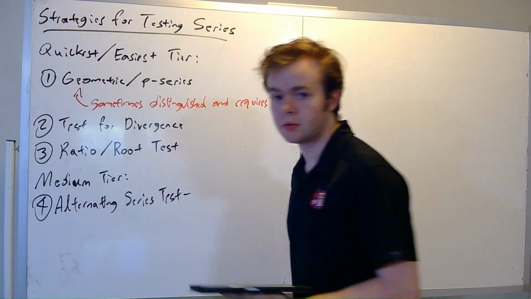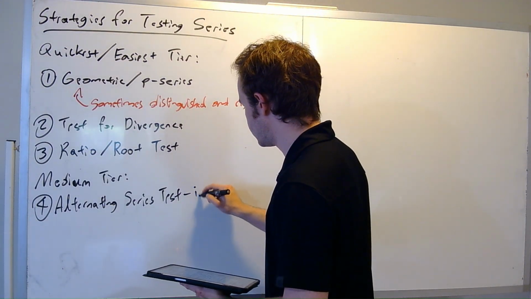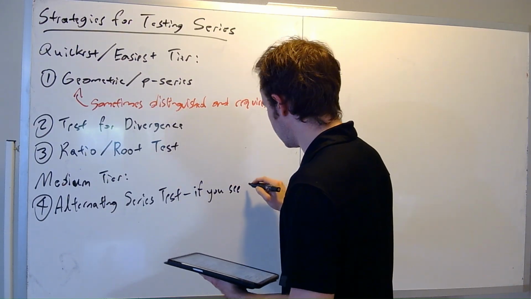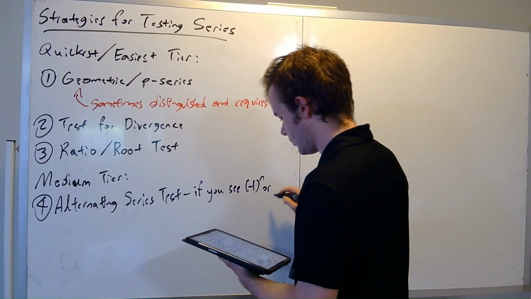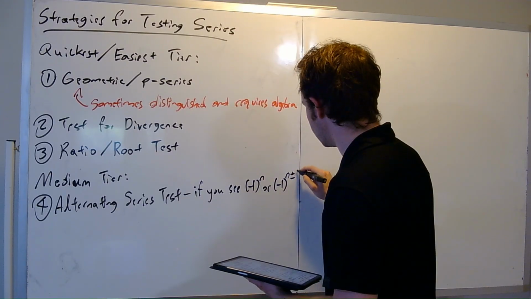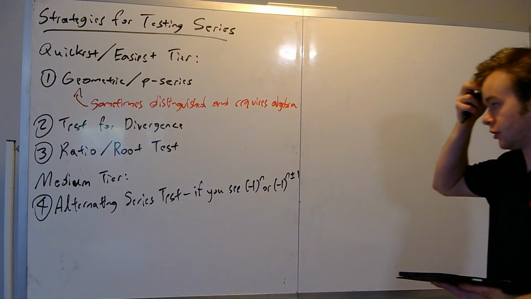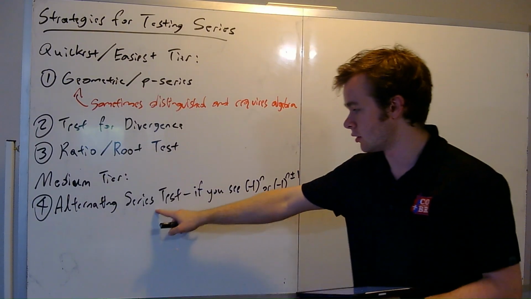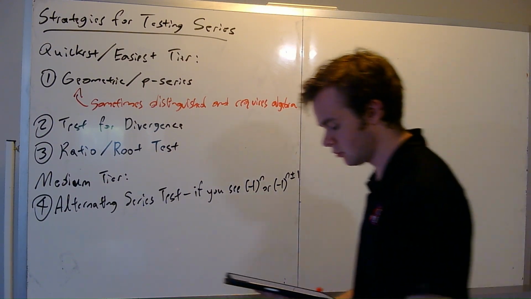And here to tell whether your series is alternating, this is if you see either a minus 1 to the power of n or minus 1 to the n, either plus or minus 1, right? So if this is a plus or a minus, it actually means the same thing. So if you see one of these in your series, then that means that you're an alternating series, and this is probably the test that you want to use.